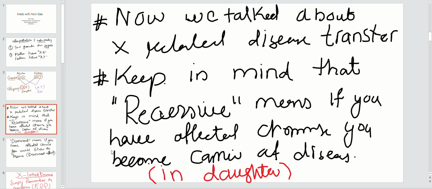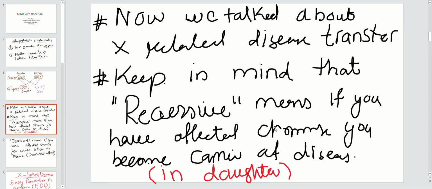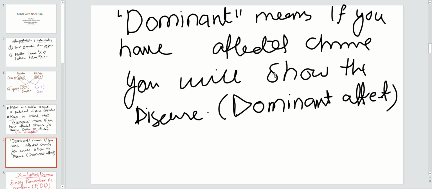I will tell you this later when we reach that topic. But in case of dominant, if you get the affected chromosome, it will 100% show the disease, either in a male or a female offspring. So that is the one difference, right? In the recessive pattern the daughter will be a carrier, whereas in the dominant pattern, whoever gets the affected chromosome will get the disease.